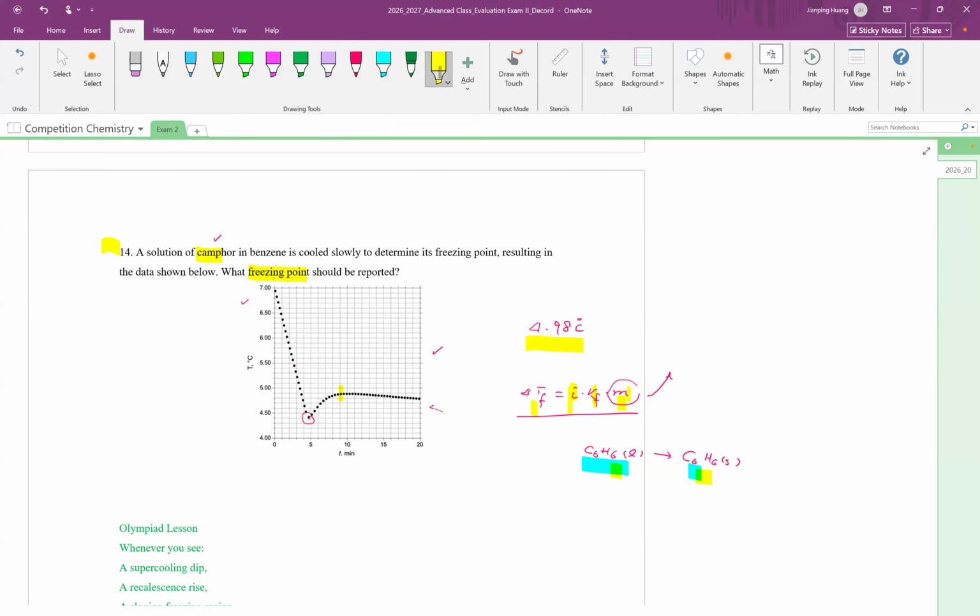For a solution cooling curve, the reported freezing point is not at the beginning of this one. No, it's not this one, and it's not this one too. We need to extend. That's the way to read it.